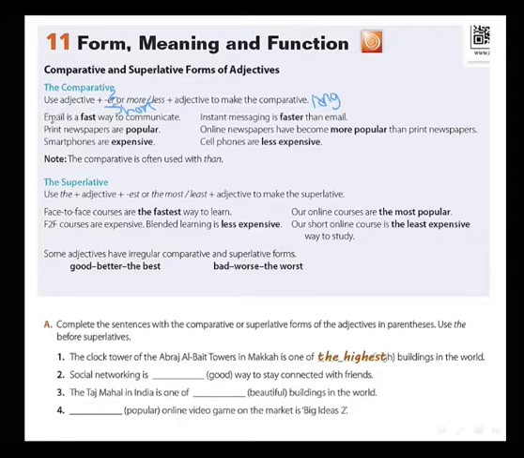Let's start with the first example. After that we will write expensive, I-V-E. The first example here: email is a fast way to communicate. Here, this is our adjective, fast.